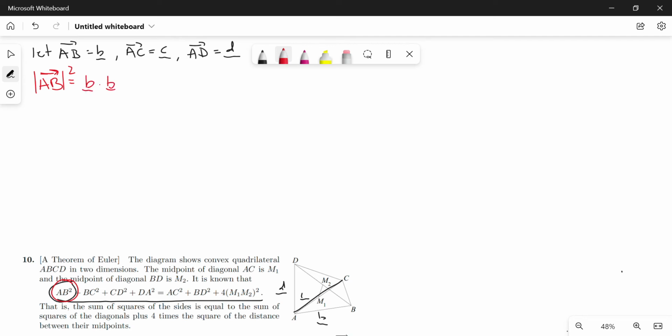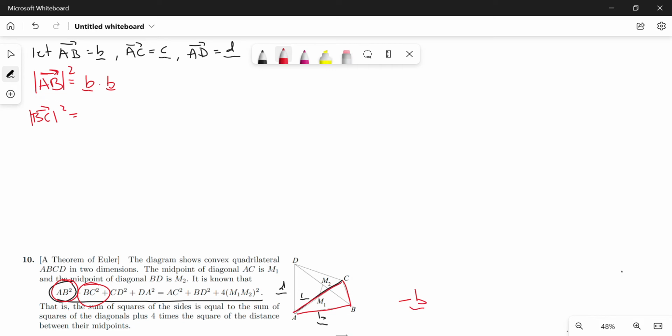Okay, let's do the same thing for each of these. So let's go for BC, vector BC squared. Now we don't have B to C, but in order to get B to C, let's go B to A, which would be negative B, right?